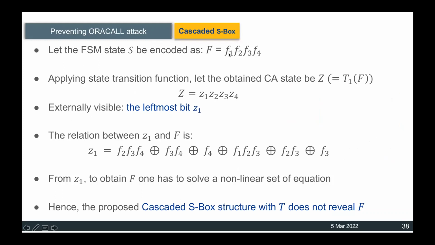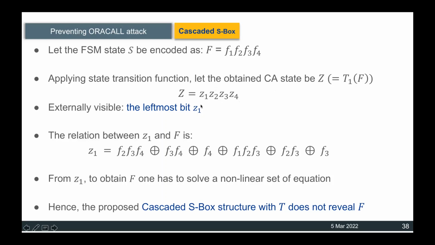Now, if we apply this particular structure, and imagine that your original state encoding was, say, F1, F2, F3, and F4, and you apply this cascaded S box based cellular automata, and you would like to perform the original Oracle attack that we just described. If we apply the state transition function, suppose the obtained CA state is denoted as Z. So Z is the output that we have obtained. Imagine that you have got Z1, Z2, Z3, and Z4.